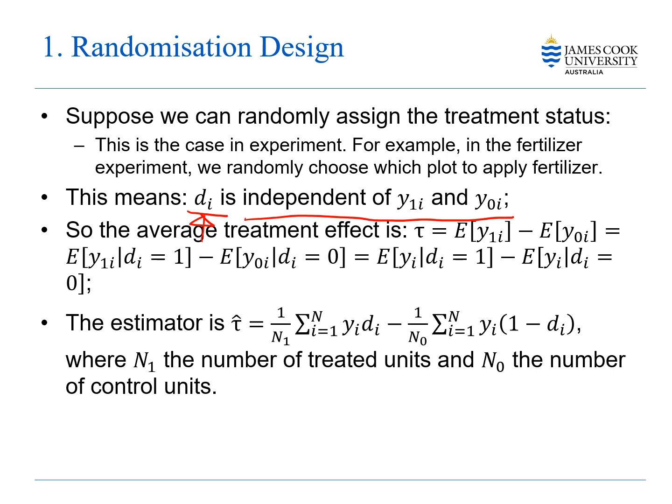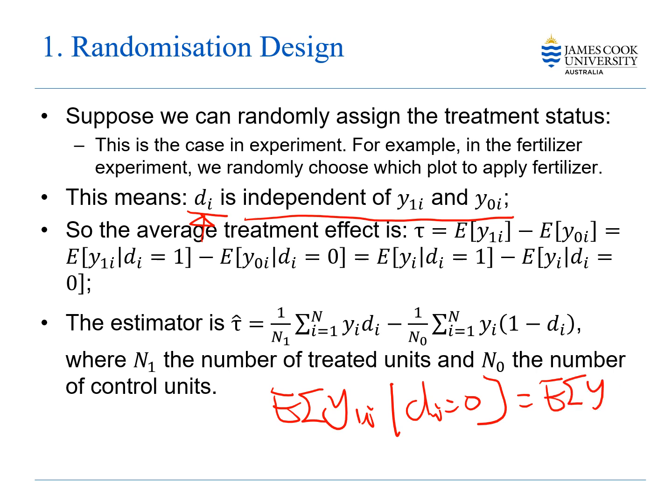So there's a concept about independence. This is a concept from probability. Loosely, we can understand this as follows: if di is independent of y1i, then the expected value of y1i conditional on di equal to 0 is the same as the expected value of y1i.